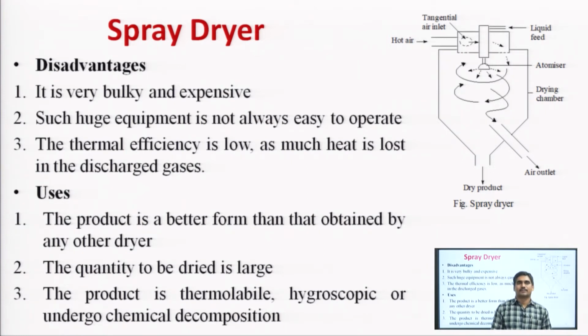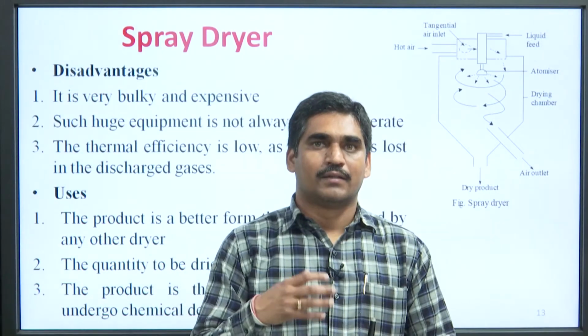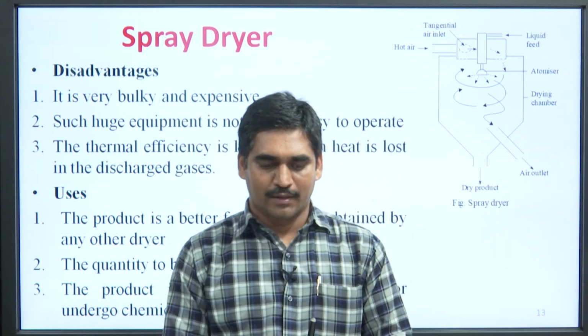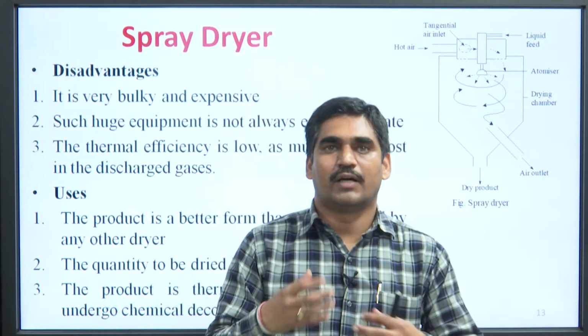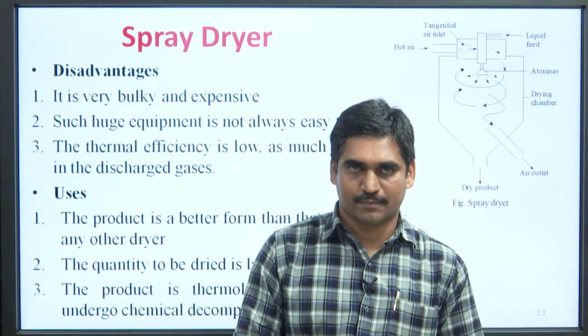Disadvantages: it is a very bulky and expensive process, huge equipment is required. So, it is not easy to operate, and thermal efficiency is low as a large amount of heat is lost in the form of discharge gases.